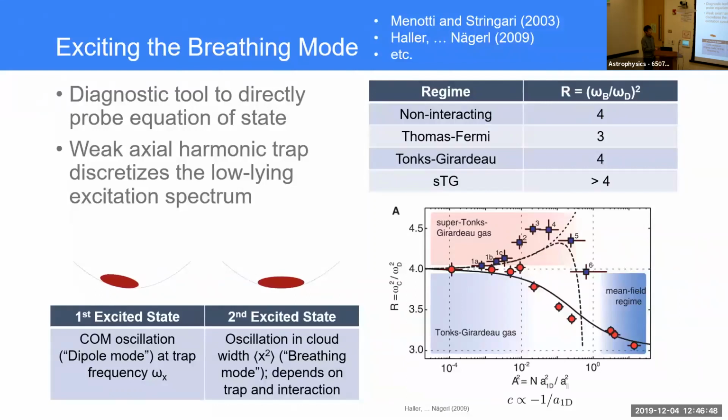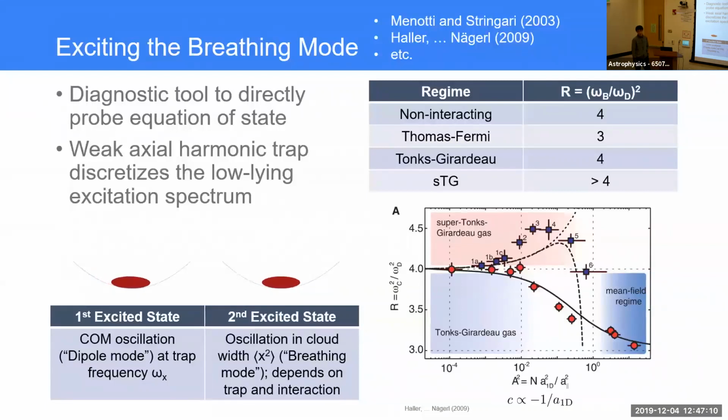Here I summarize the crossover diagram in the ground state as follows. R is defined as the ratio squared of the breathing and the dipole frequencies. In a non-interacting limit, you would expect to see R equal to 4. As you tweak up C, you will reach the Thomas-Fermi regime where R is equal to 3.